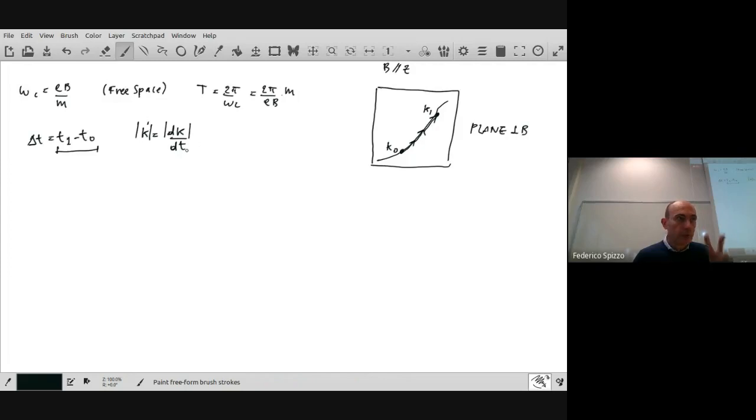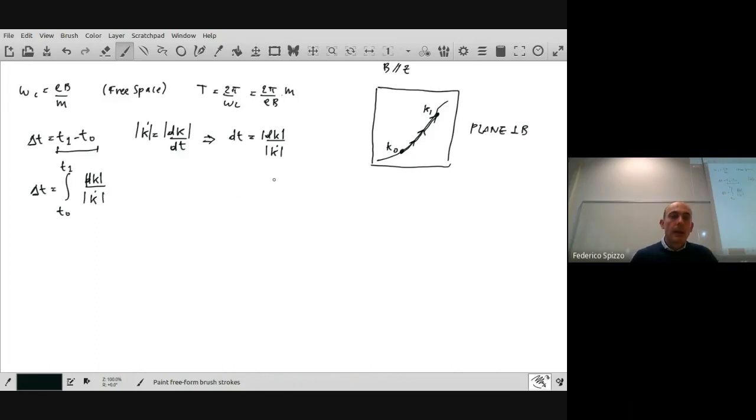So that's why I do not write the modulus sign across dt. So due to that, we may say that dt is the modulus of dk divided by the modulus of k prime. So delta t can be expressed as the integration from t0 to t1 of the modulus of dk divided by the modulus of k prime.